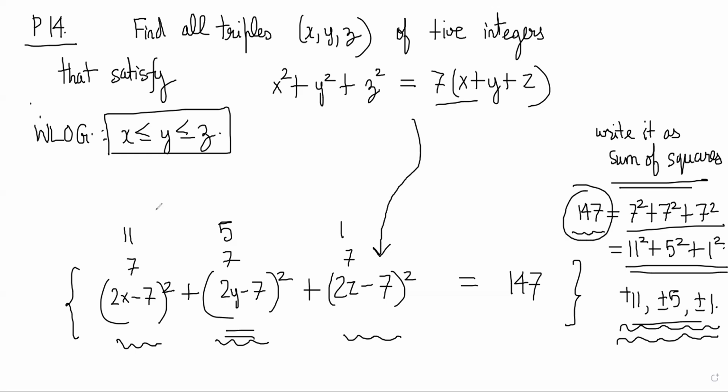Then you can start matching the answers. I hope everyone is following what we have done. I'm not going to fully solve it because now it is just basic calculation. You can do it yourself. But is the basic idea clear? Okay, fine. Let's move on to the next one.